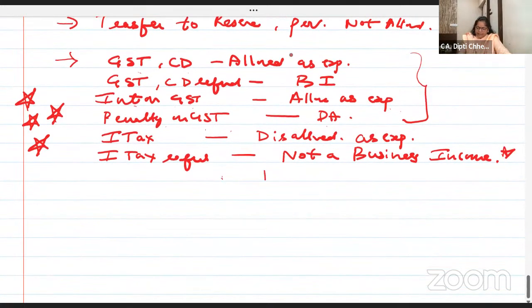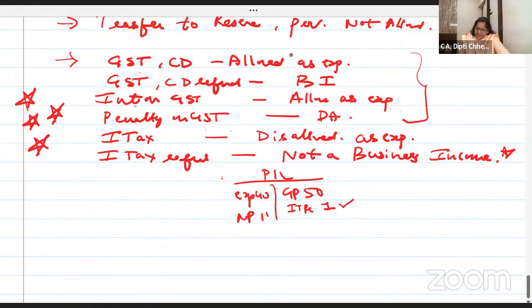So look at this. In the P&L account, if they give you GP 50, expenses 40, net profit 11, here they have given income tax refund 1 rupee. Is income tax refund credited in the P&L account? Is this your income? No. Income tax refund is what you have paid as income tax, it has come back to you along with interest.